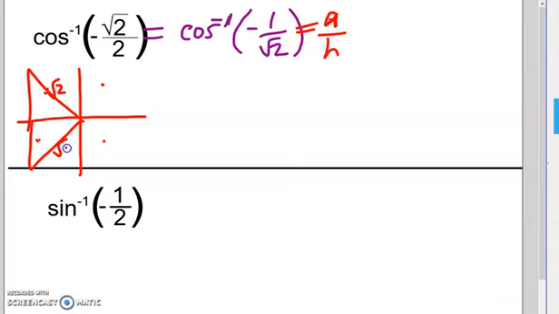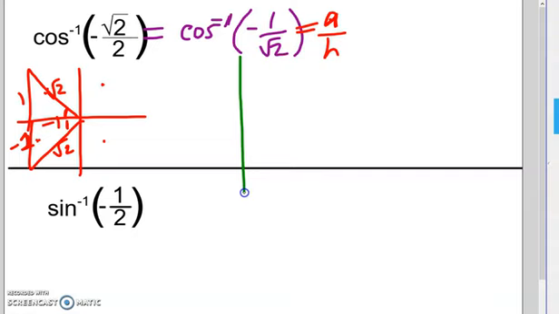Hypotenuse is square root of 2, and the adjacent for a reference angle is negative 1. Then the missing side, you can always do the Pythagorean theorem, but if you know these kinds of triangles, this is a 45, 45, 90. So here we have 1 also for the opposite, and that's it. So that's our setup for our triangles.